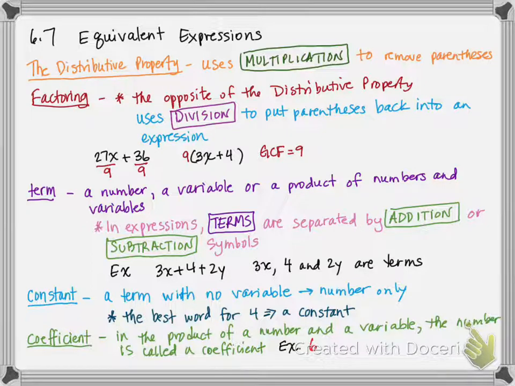6a squared in negative 5ab, so that's negative 5 times a times b, and 3x.